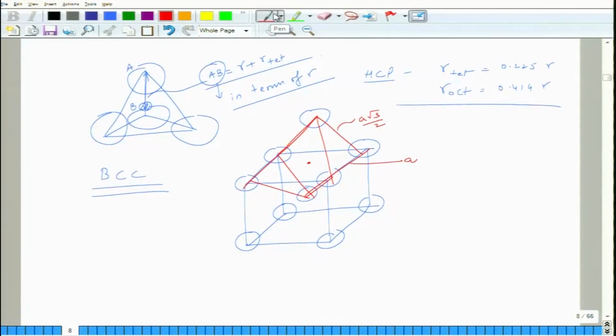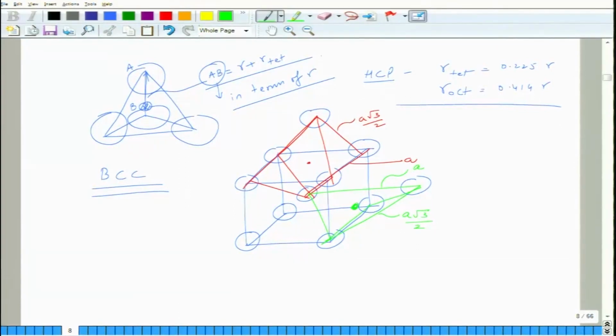If I draw another atom on this side, then this is a tetrahedra. The center of this will be the tetrahedral void, but this is again an irregular tetrahedra because this length is A, and this length is A root 3 divided by 2, so sizes are not the same.